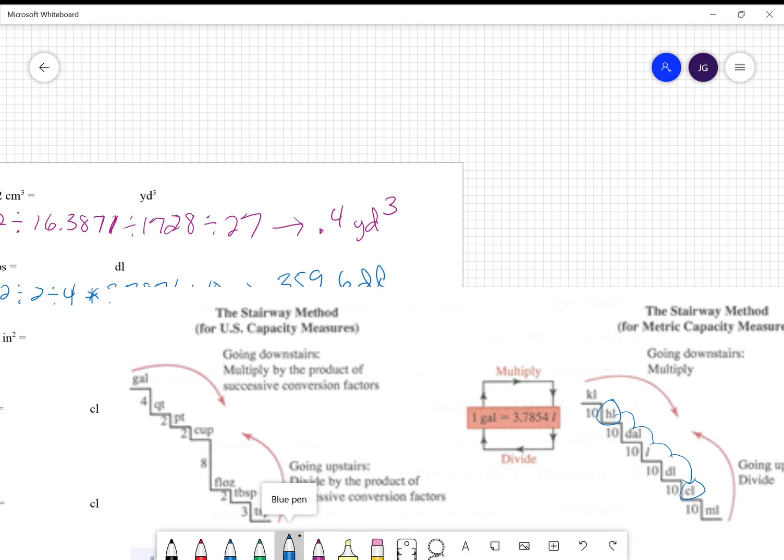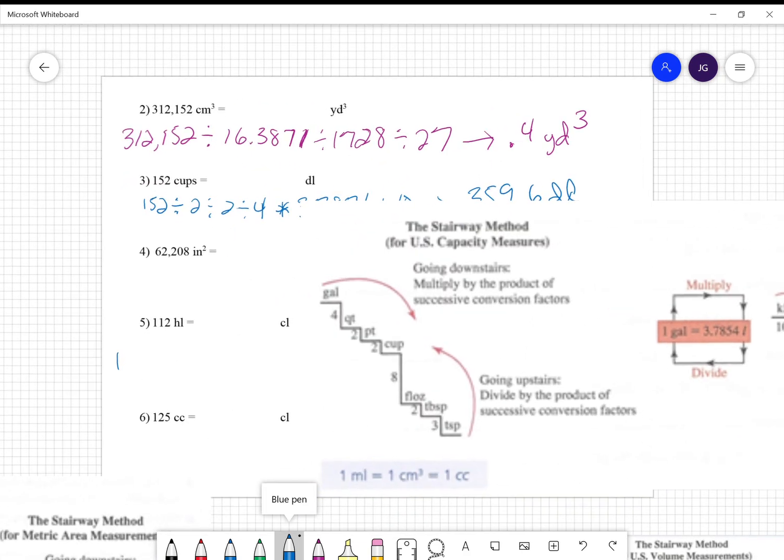So I'm going to multiply by 10 to the 4th. 1,120,000 centiliters.